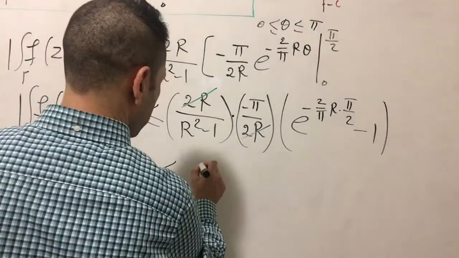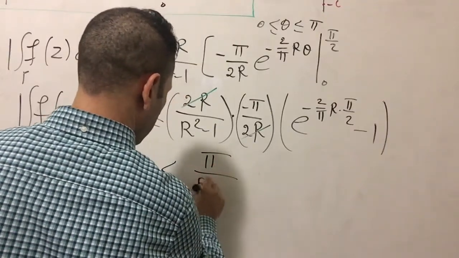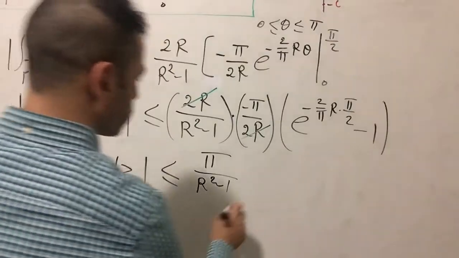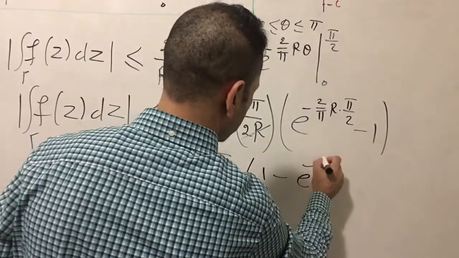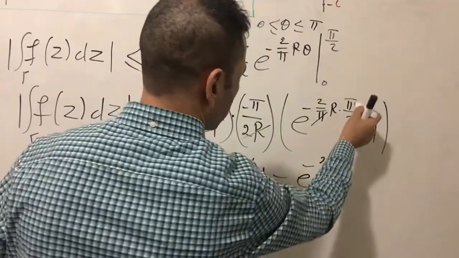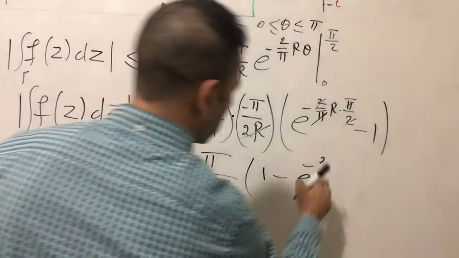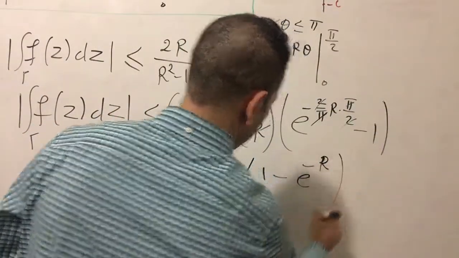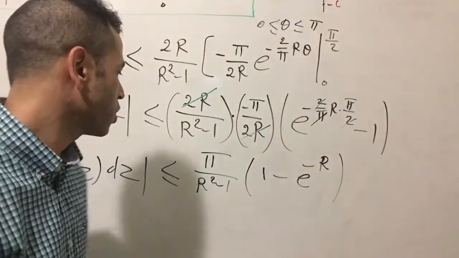So I will have pi over r squared minus 1 multiplied by 1 minus e to the minus r. The pi will be cancelled out with pi, the minus 2 will be cancelled out with minus 1. So I have 1 minus e to the minus r.